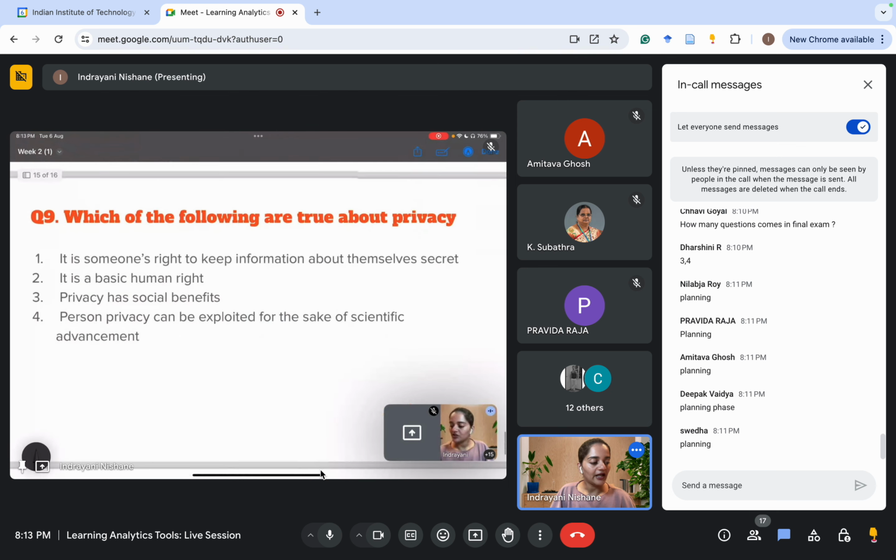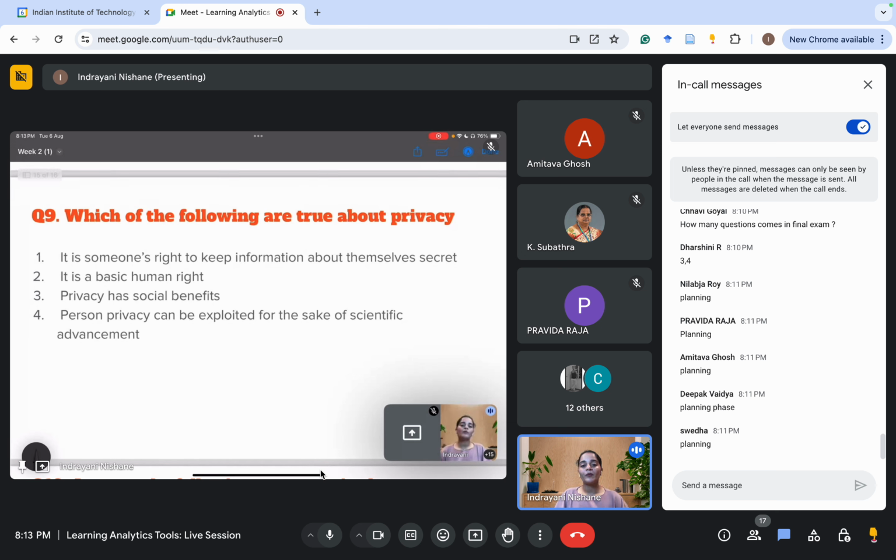So question 9, which of the following is true about data privacy? Data privacy, or learner's privacy. Now we can read the options. It is someone's right to keep information about themselves secret. Is this true or false?